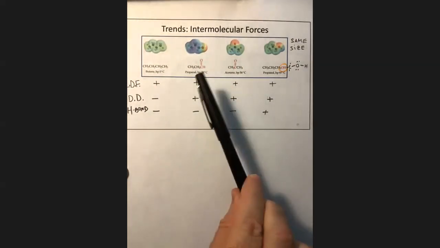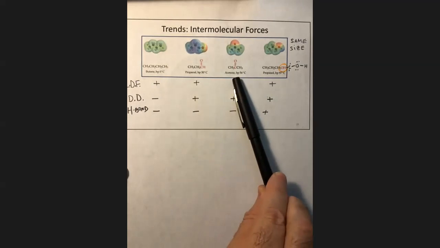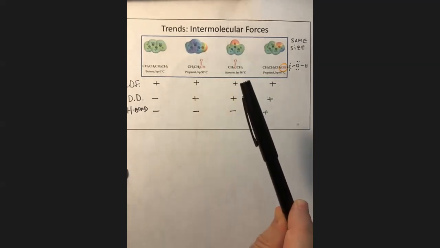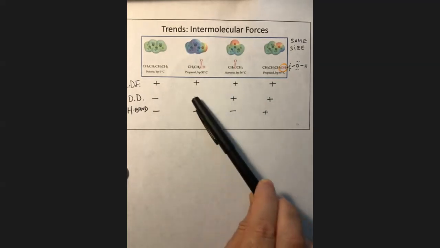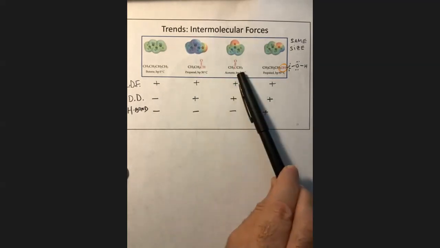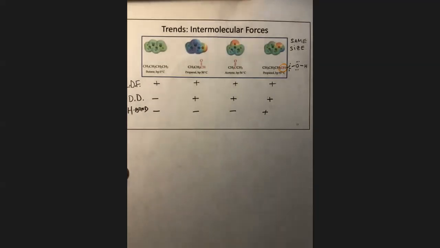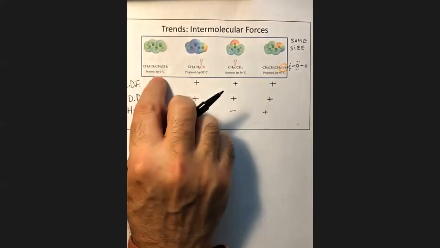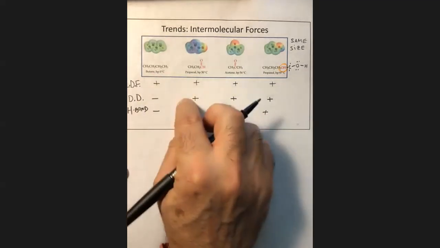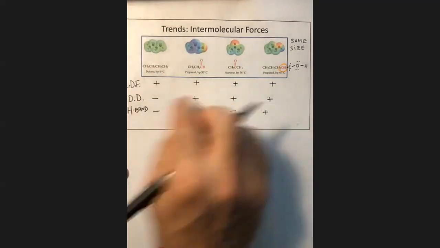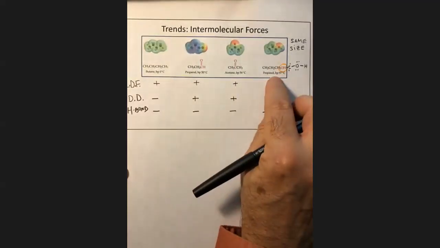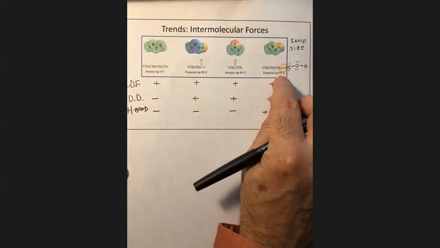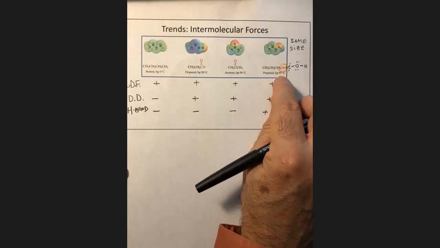Notice that for propanal and acetone, both of which are capable of dipole-dipole forces, the boiling point is in the 50-something degree Celsius range. Much, much higher than butane. Why? Because they have the addition of these other types of forces. And then, of course, when you get to propanol, you have a boiling point of 97 degrees.